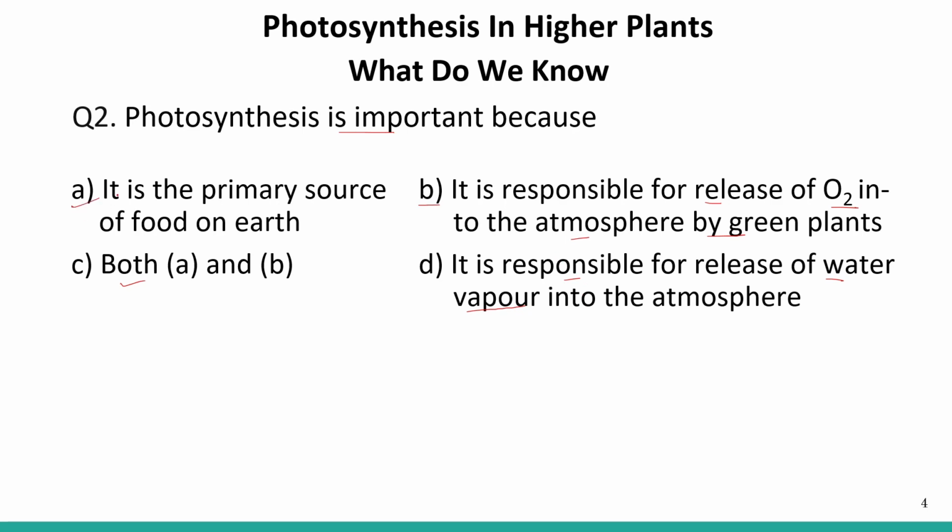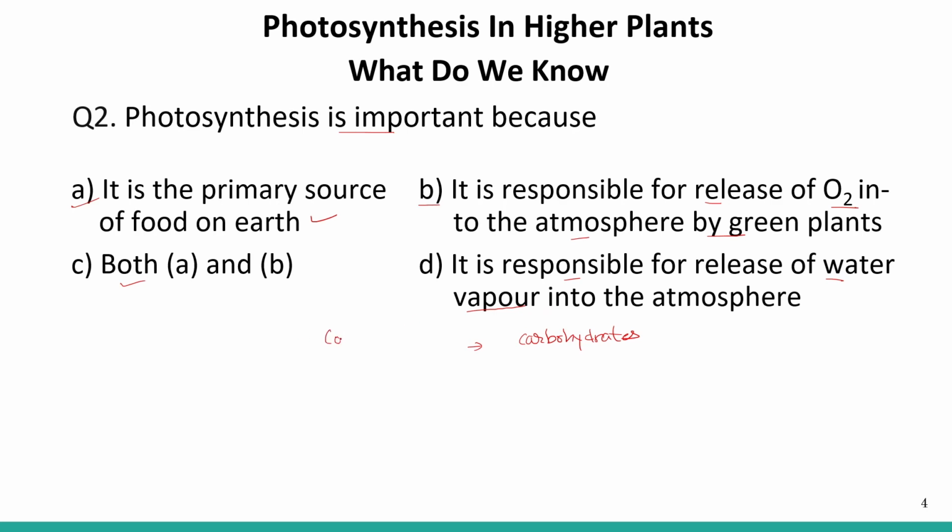Let's talk about the first option, it is the primary source of food. This is true. The photosynthetic plants which contain chlorophyll synthesize carbohydrates by utilizing the energy of the sunlight, carbon dioxide and water.